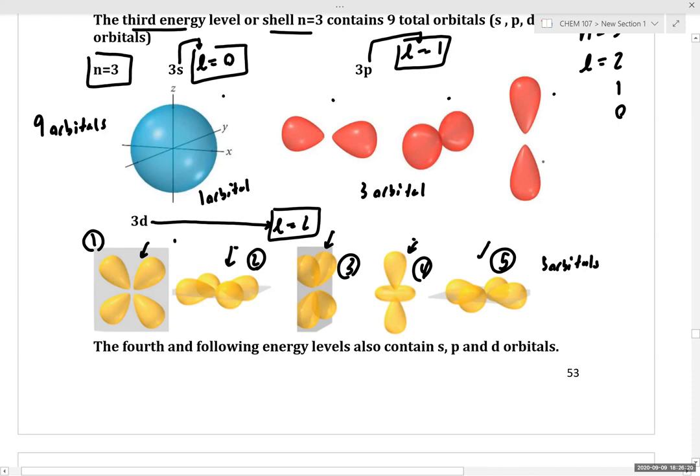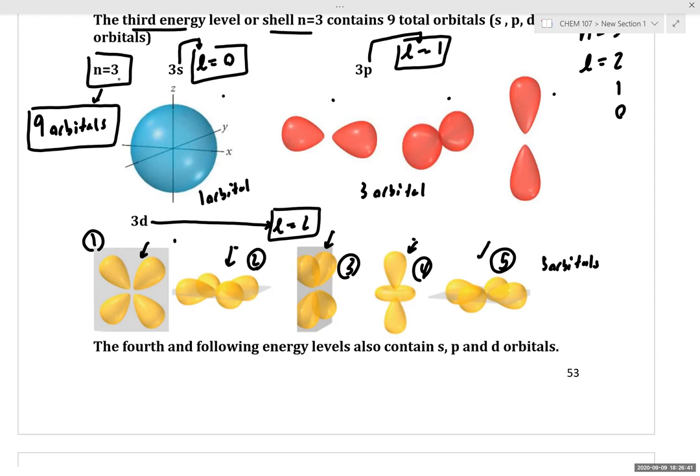What's 5 plus 4? 9. Exactly right. So this tells us how many unique orbitals we have in the third shell, in the third row. Thank you. Perfect. Any other questions I can address?